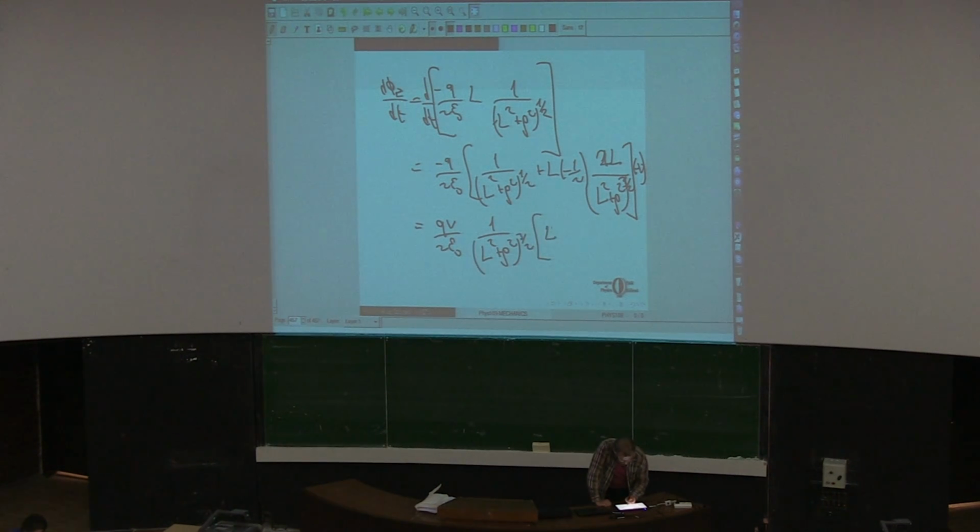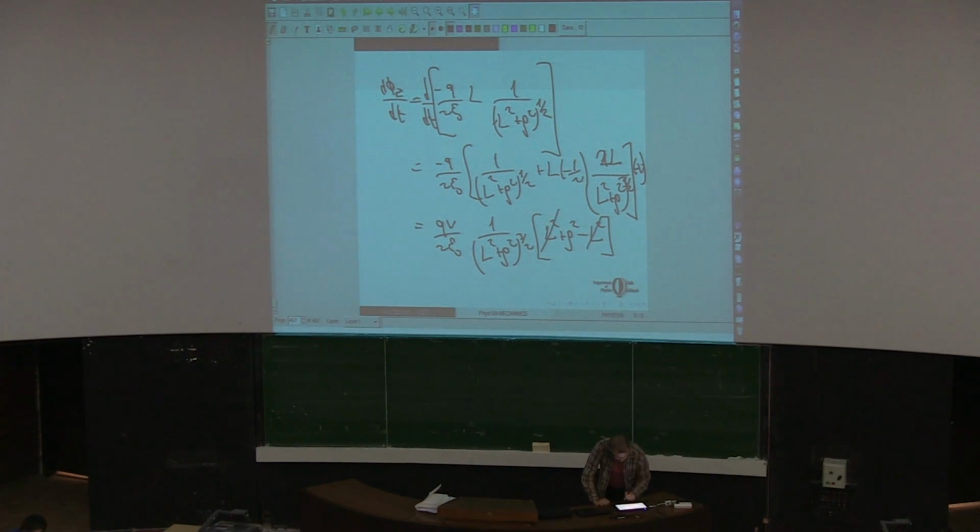Inside what I have, L squared plus rho squared minus L squared. I just equated the denominators. I just multiply this one by L squared plus rho squared, the numerator and denominator. That's why I get this term over here. This 2 cancels this 2. I have a minus L squared, so L squares will also cancel.